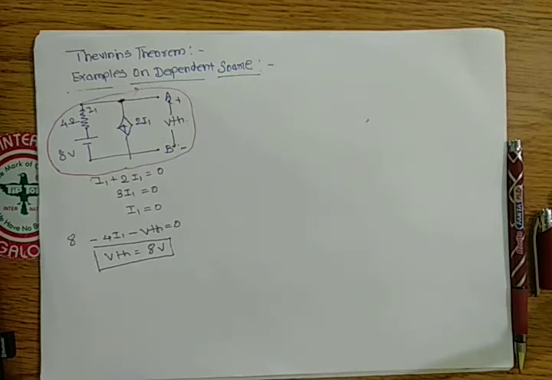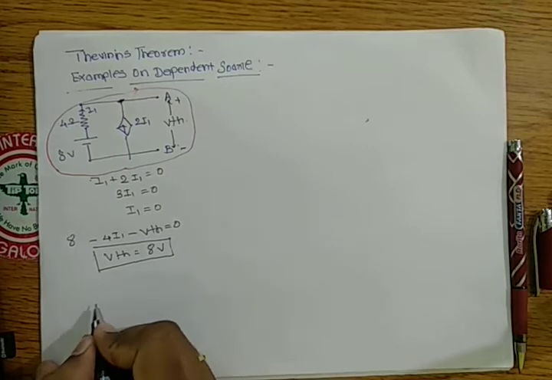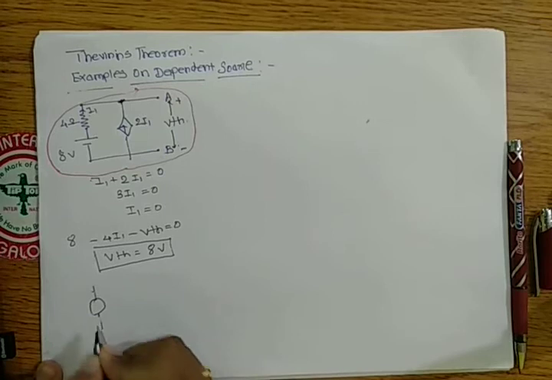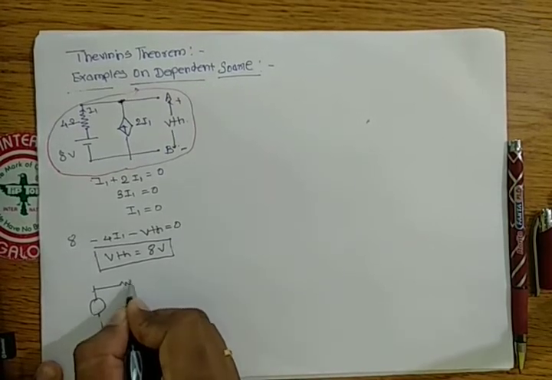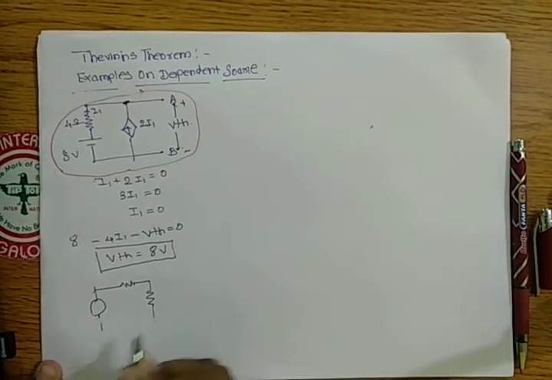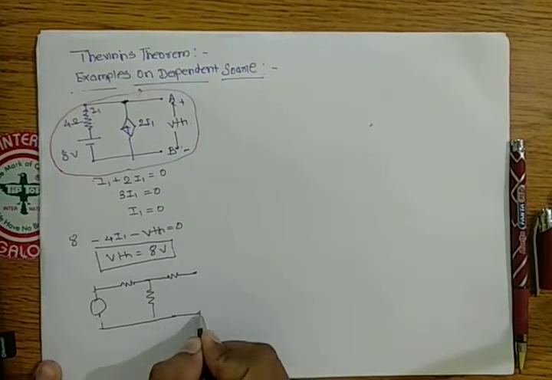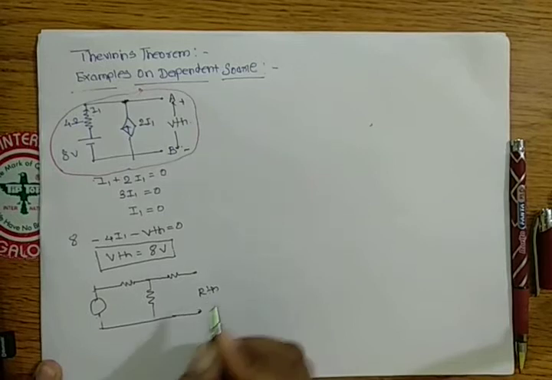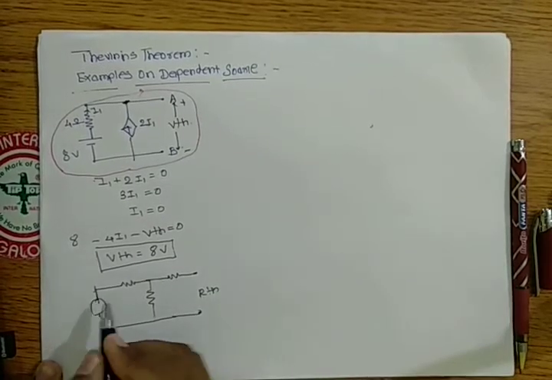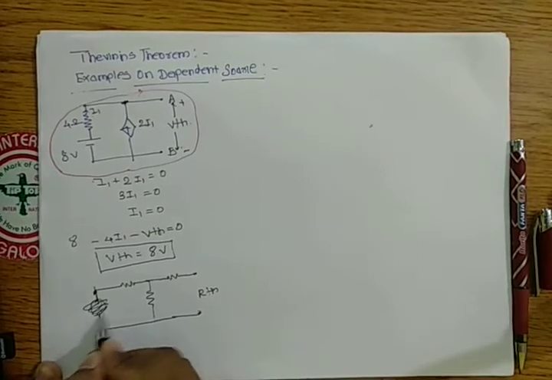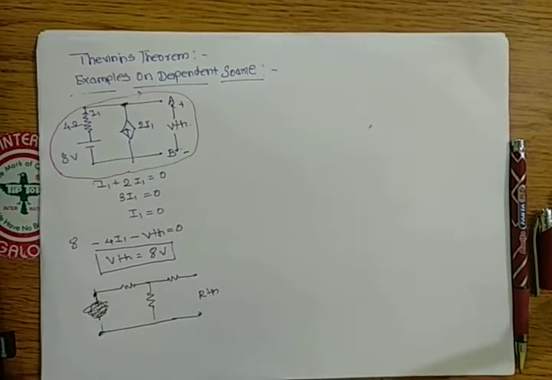In the calculation of RTH, we were removing all the voltage sources and current sources. Suppose the circuit is like this: a voltage source, then resistances, then RTH. When calculating RTH, we were making the voltage source a short circuit.